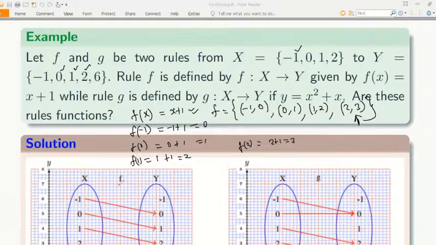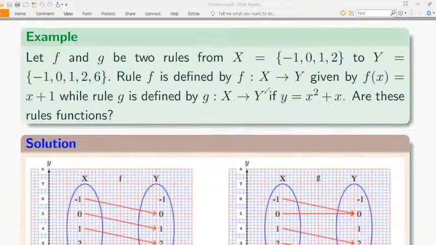The diagram I'm just getting from here: -1 is assigned to 0, 0 is assigned to 1, and 1 is assigned to 2. But 2 is not assigned any element.